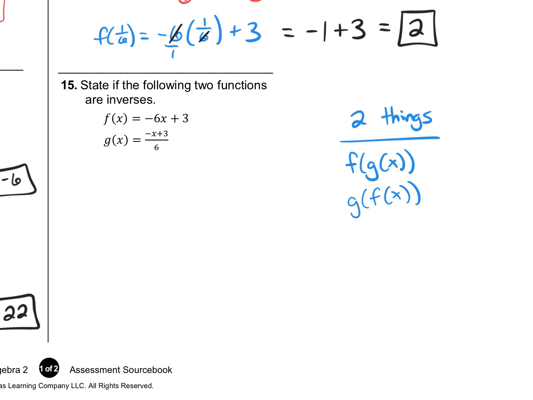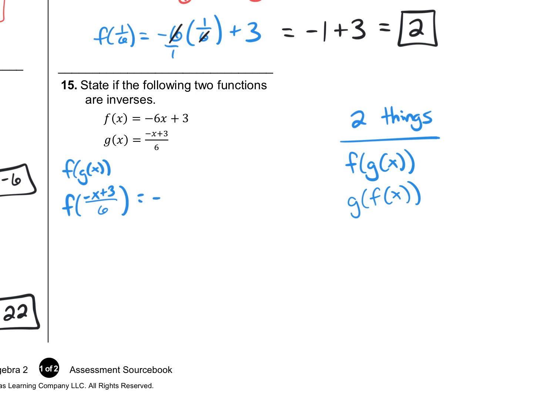Okay, so first thing I want to do, I want to find f of g of x. Okay, well, do I know what g of x is? Okay, so we plug g of x into here. So we have f of negative x plus 3 over 6. What do I do with that negative x plus 3 over 6? Plug it into the f function.